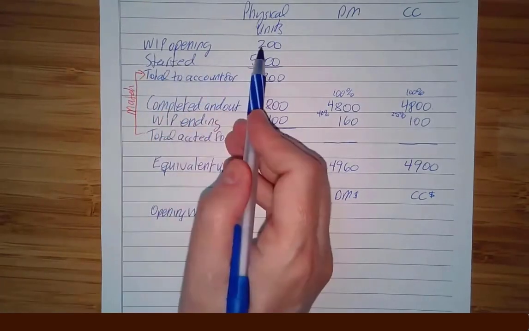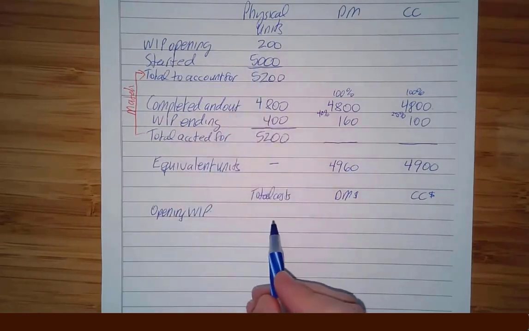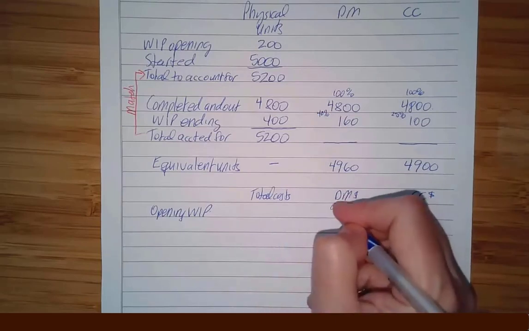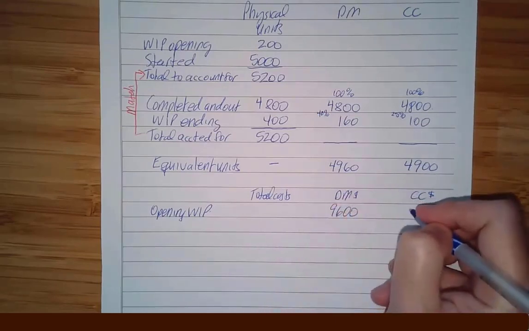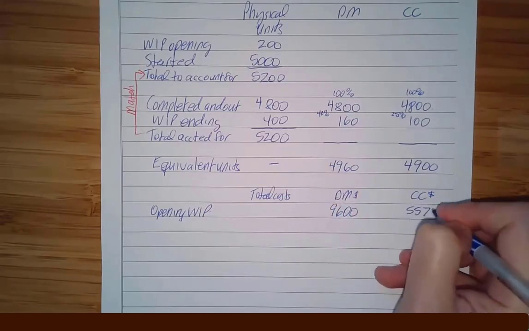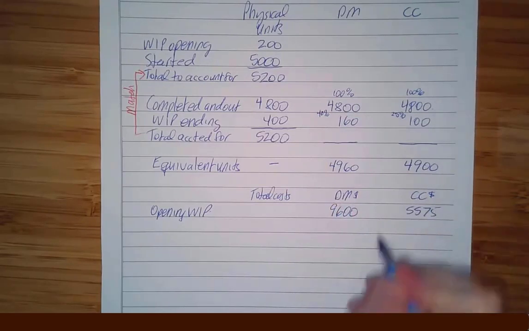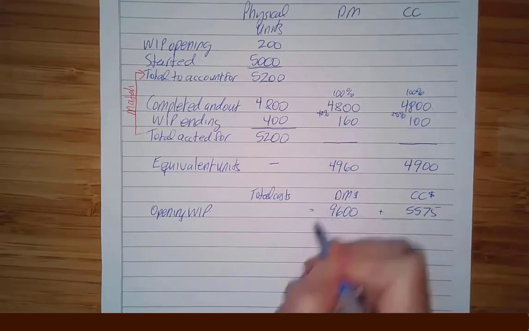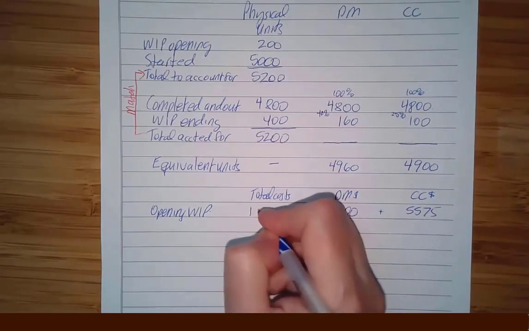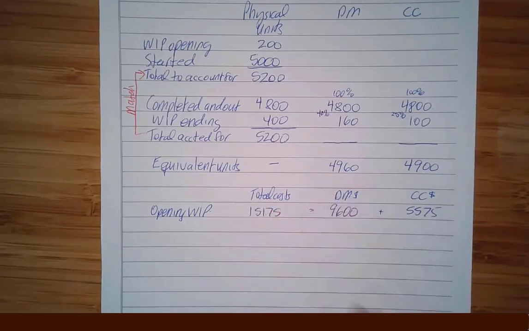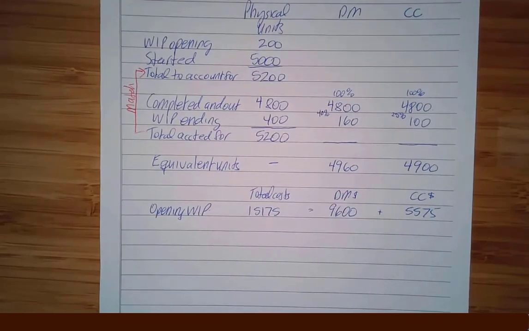Here I was talking about the units. Here I'm talking about the dollar value that has already been incurred with regards to costs. $9,600 for direct materials, $5,575 with regards to conversion costs. If I add these two costs together, they are going to be equal to $15,175. That is the cost of all the units that I had in my opening work in progress.